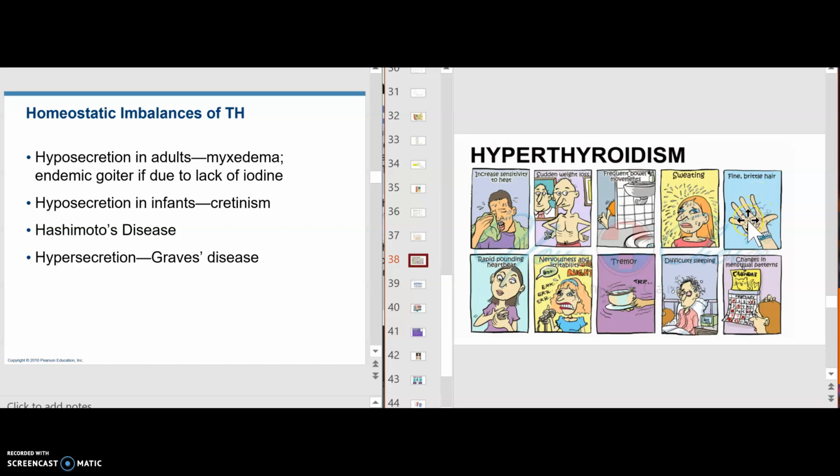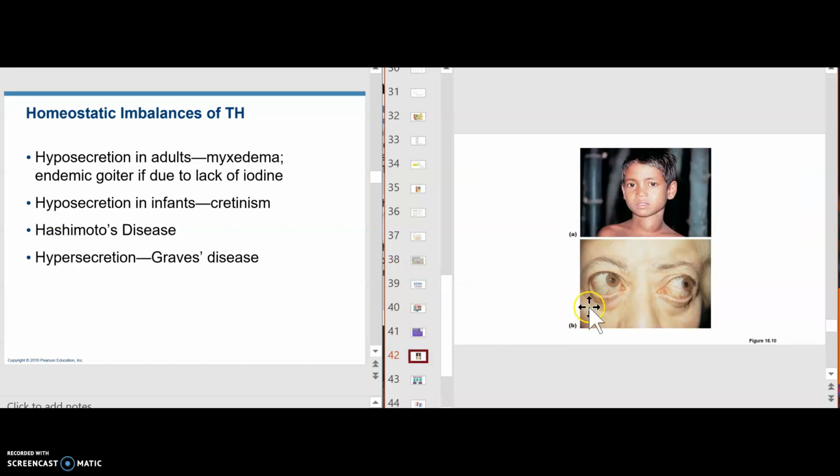Brittle hair would be due to not having enough hydration, because the cuticle layer of the hair shaft, go back and study hair, needs to be moistened. Increased heart rate and increased basal metabolic rate. Nervousness, irritability, tremor, difficulty sleeping, and then you have the bulging eyes, also called exophthalmos. The retrobulbar fat starts pushing the eyes out.